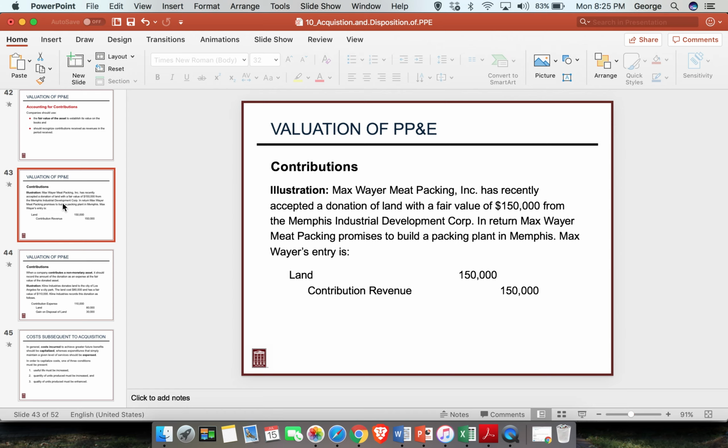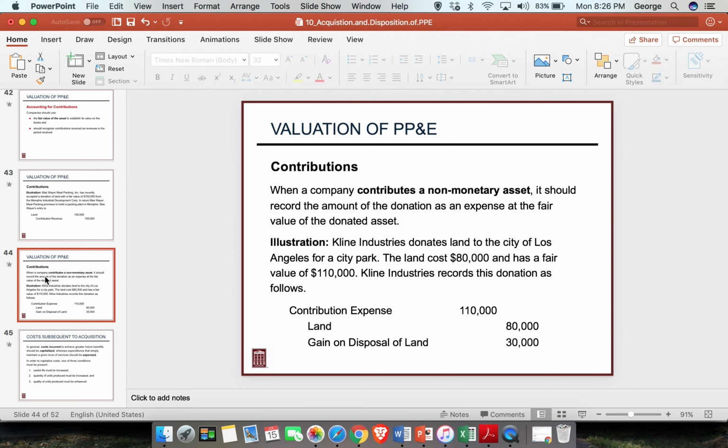In return, Max Wire Meat Packing promises to build a plant in Memphis. So that's revenue. They got $150,000 because they're going to build a plant for them. So we'll debit land and we'll credit contribution revenue. So when a company contributes a non-monetary asset, it should record the amount of the donation as an expense at the fair value of the donated asset.